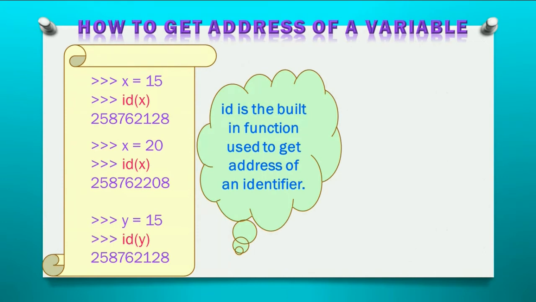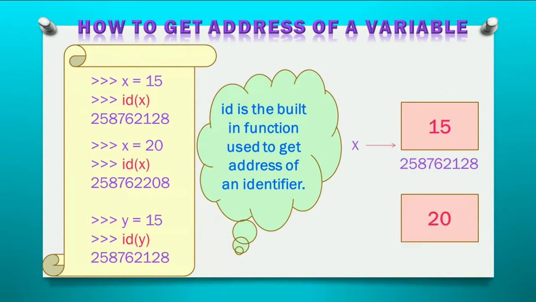Now we can see this example with some pictorial diagram. Now see the value 15 in Python memory. The variable x is referring the value 15. The address is given here.